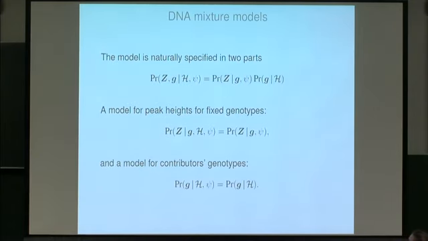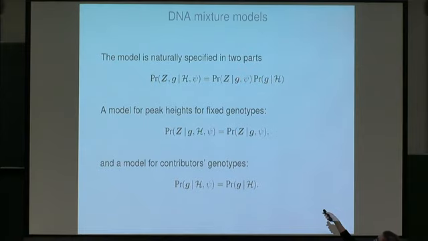So the usual way of specifying such a joint model is similar to what Roberto was talking about. It splits up, this is just the normal conditional independence, into a model of, given all the genotypes that are in this DNA sample, and maybe some model parameters such as, importantly, the mixture proportions, the proportions in which the DNA has been mixed, what can we say about the peak heights?